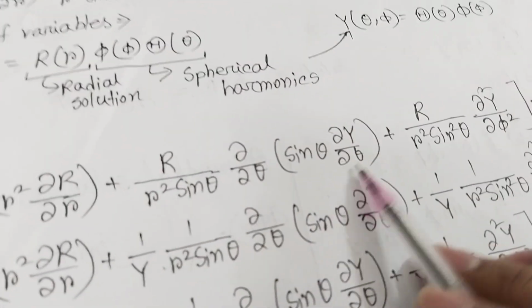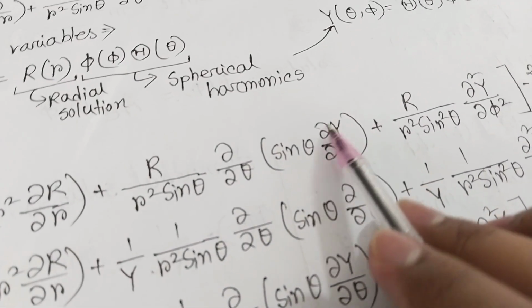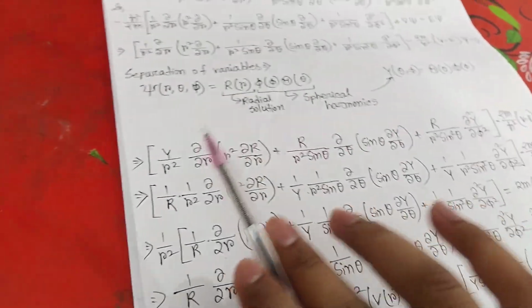Same as this, theta is part of the spherical harmonics, so Y will be in the derivative and R will be taken out. Done. Now divide the whole expression by RY.